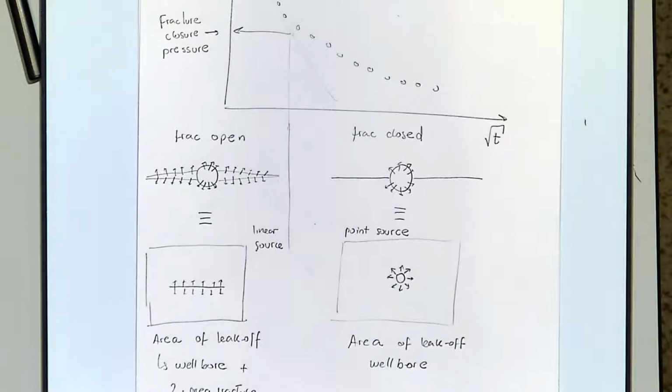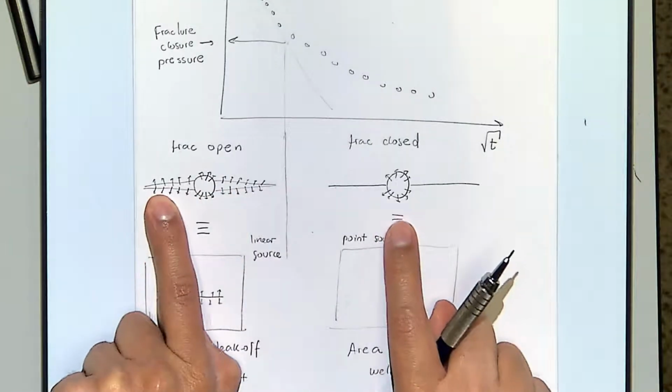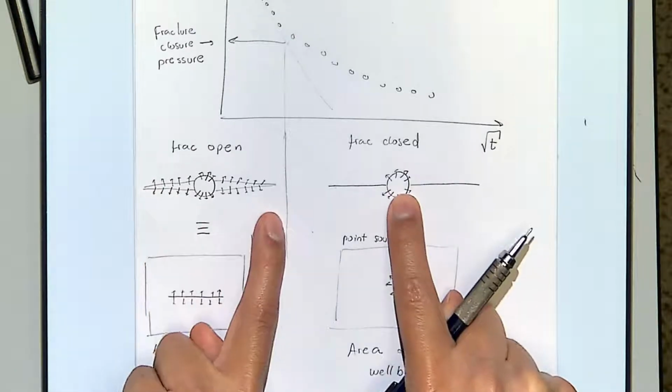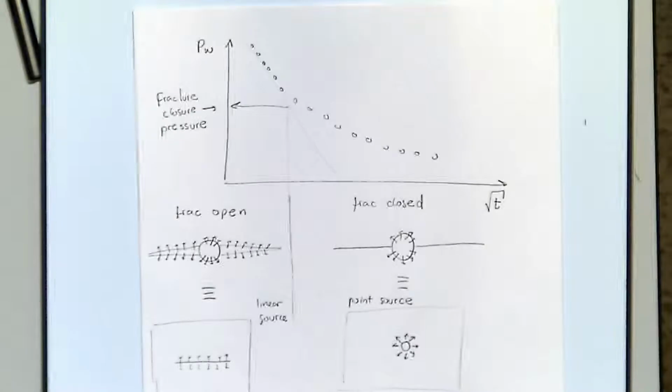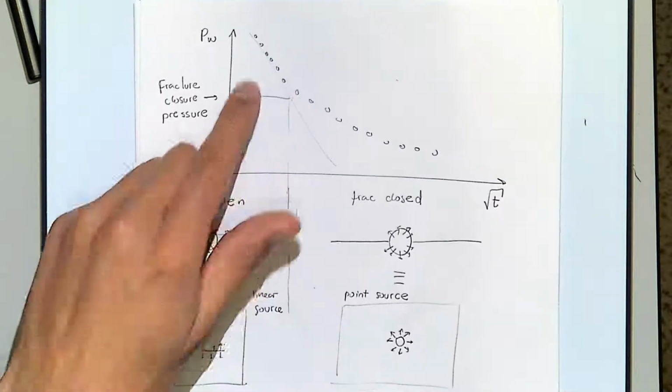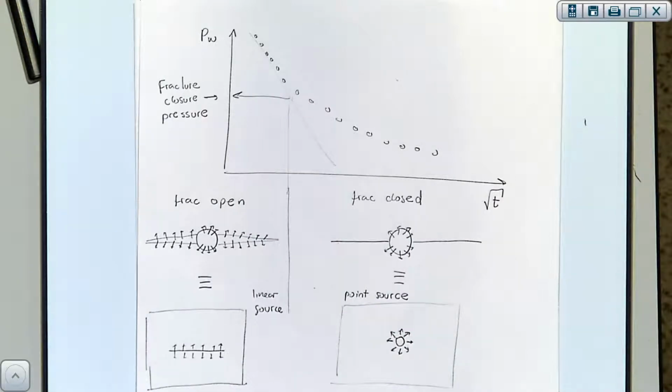But it is this difference going from this type of fluid flow to this one that makes the difference in the signature of the pressure. It goes down very quickly at the beginning. When it closes, it goes down much more slowly because there is less area for leak-off.